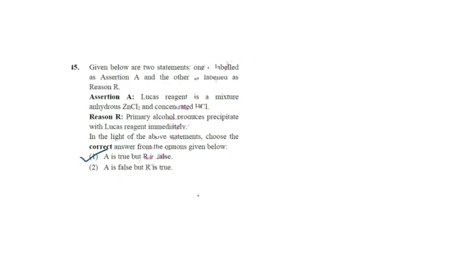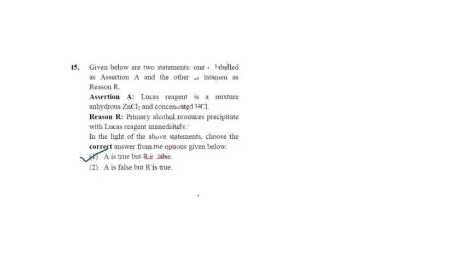It's a regular concept, but we should be very clear and should not have any confusion whether the primary alcohol is giving the immediate turbidity or the tertiary alcohol. When we are sure of each and every concept, then only we avoid the negative marks, right?